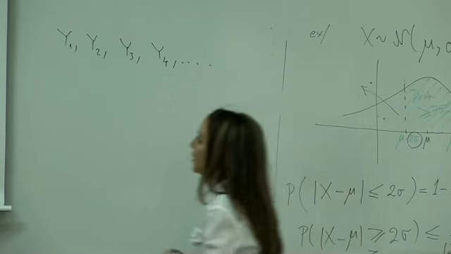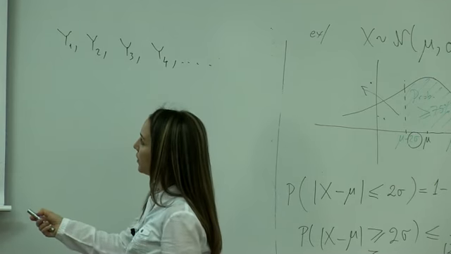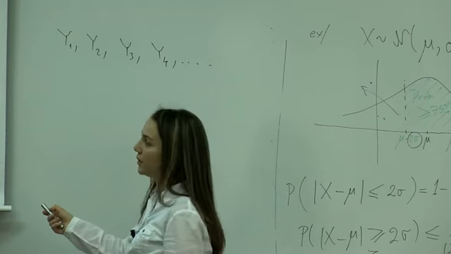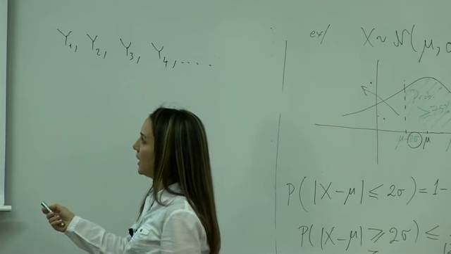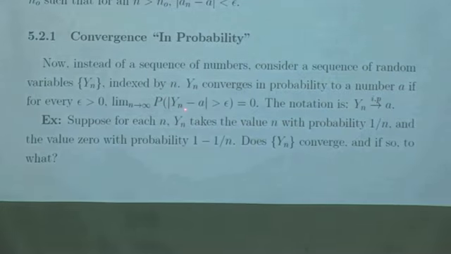Now, this sequence converges in probability to a number a if for every epsilon, the probability that my random variable differs from a by more than epsilon goes to 0. The notation is Yn goes to a in probability.